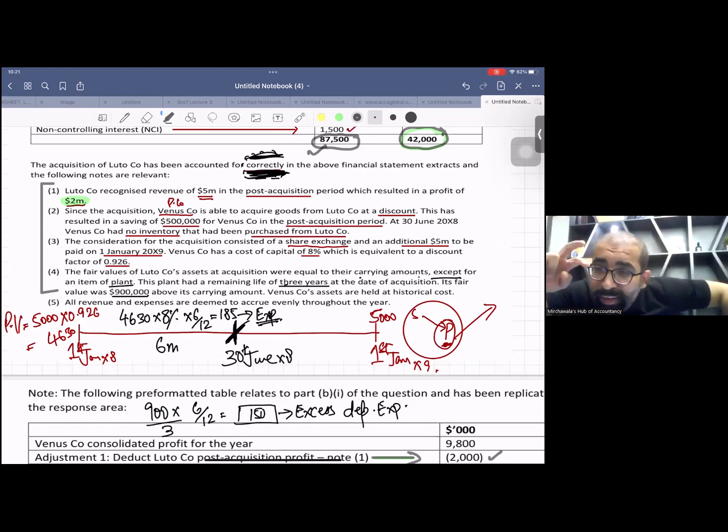So whatever has been done, you have to reverse. If you get any benefit, subtract it. If there is an expense or loss, add it back. So in point number two, this 500 is a benefit. Discount is a benefit. So this has already increased your profit. So now let's decrease it.